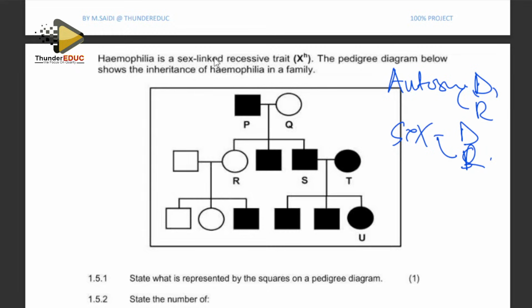So in this case, they have to mention it. If it is sex linked, they have to mention that it is sex linked. If it is non-sex linked, they have to mention that it is non-sex linked. You understand?